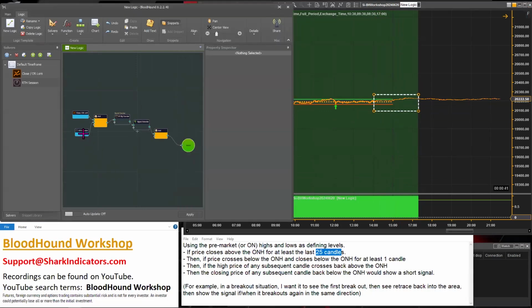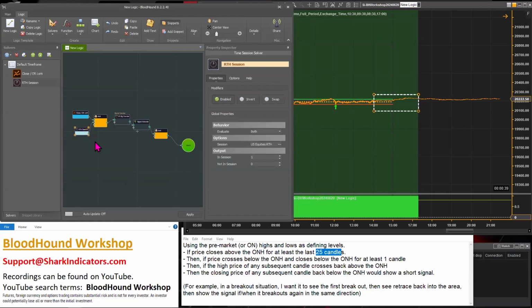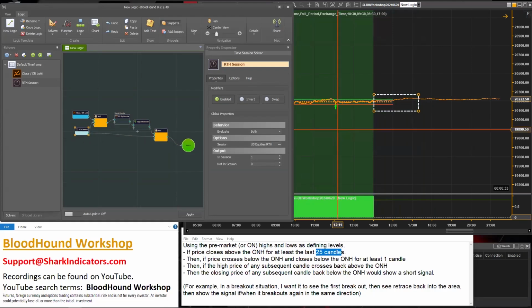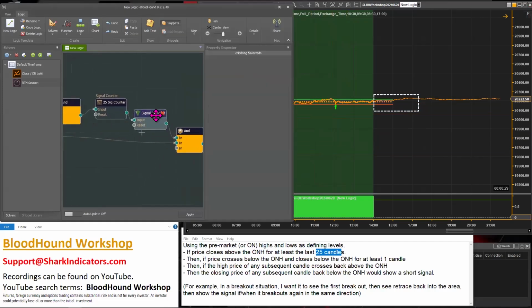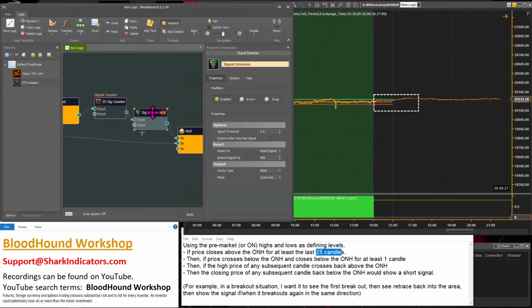So I can take my time solver and connect it into this next AND node down here. And there. Now I've been able to clean up the signal extender, because sometimes it's going to extend outside when the market's closed.